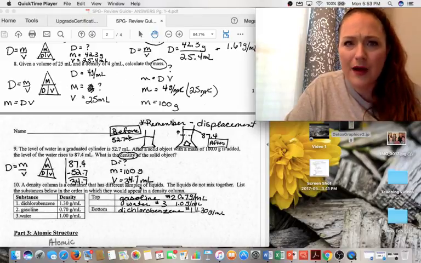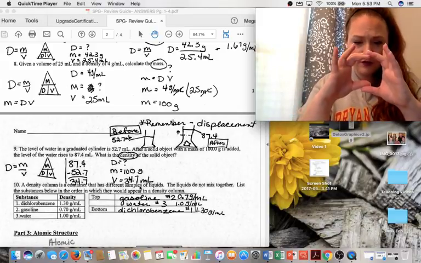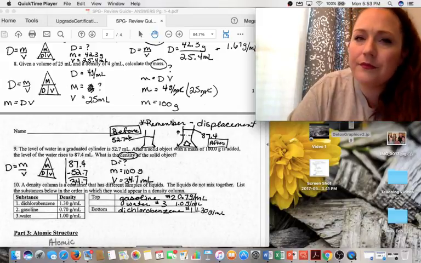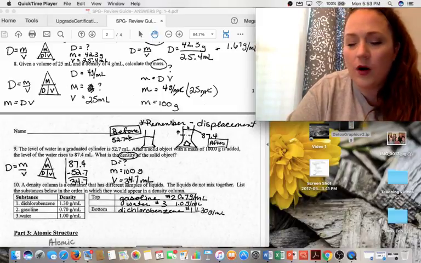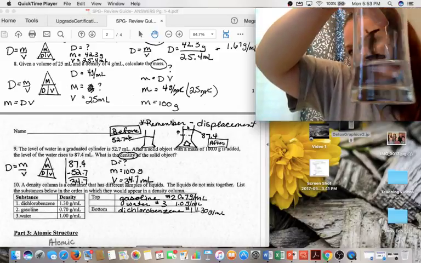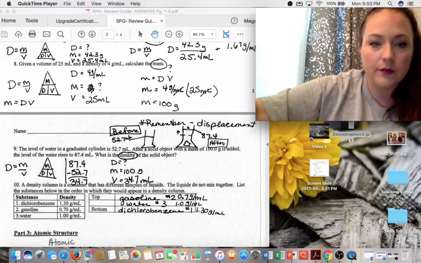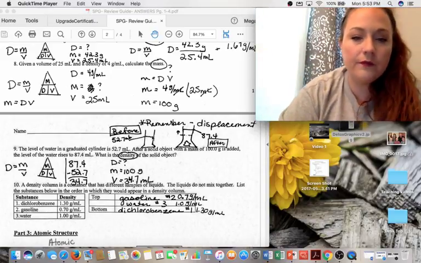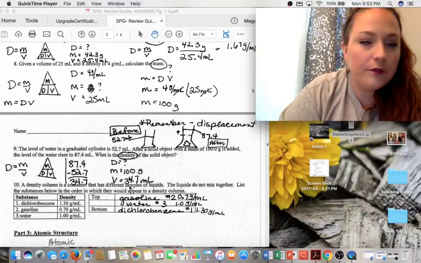When you mine for gold and gems, they're not perfect. They're not a sphere. They're kind of jagged and weird looking. So when you drop them into the water, you'll have your displacement. Displace, great words to remember for this SPG, which will give you your volume.